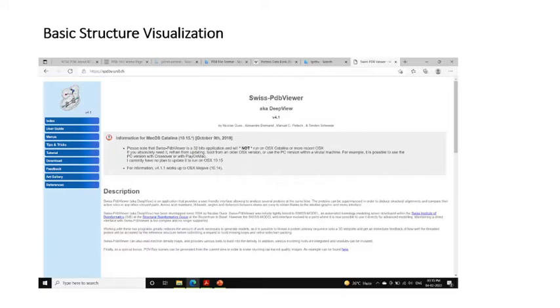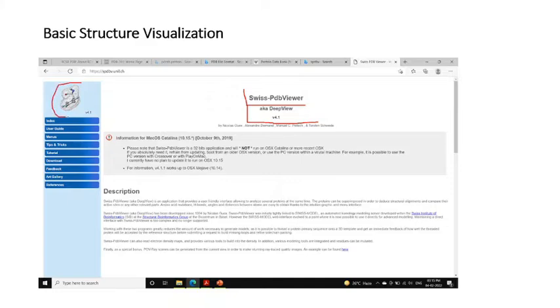We'll see what it is exactly, and how we can visualize these different formats or this PDB file. There is one viewer, which is available as offline software and also online, called Swiss PDB Viewer. It is very good software to visualize protein.